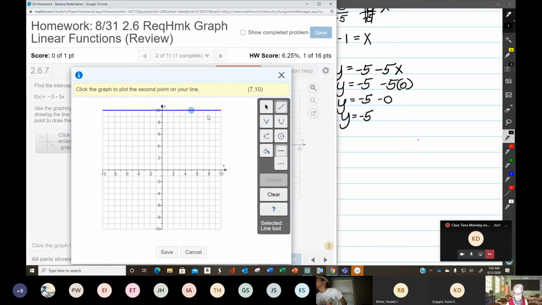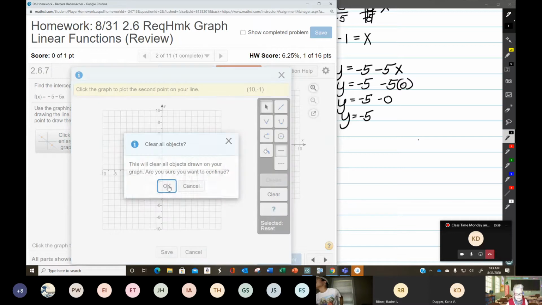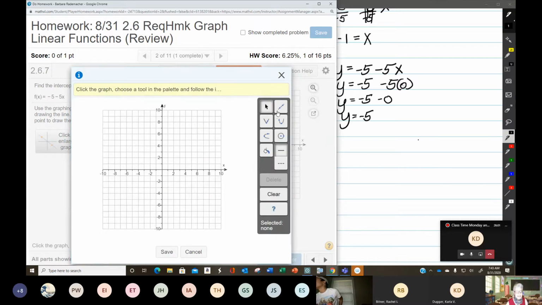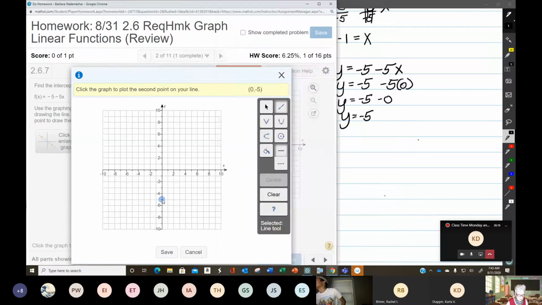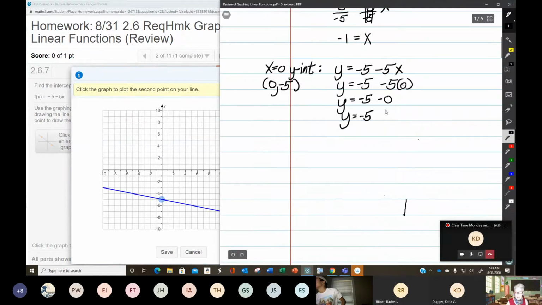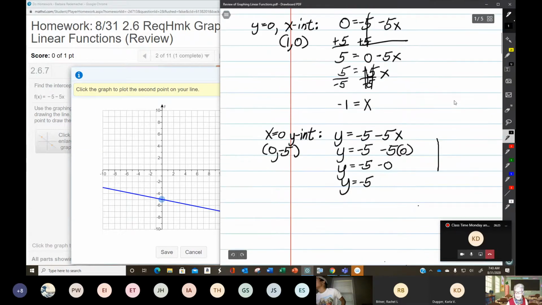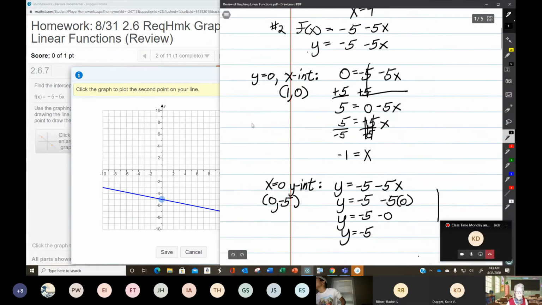But look what I did. Okay, clear. Now let's try this again. Straight line. I am going to choose 0, -5, which is right here. And then 1, 0.